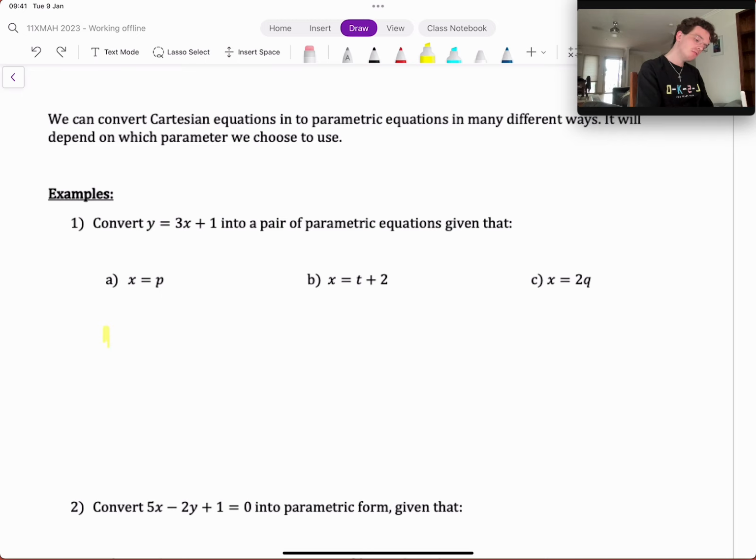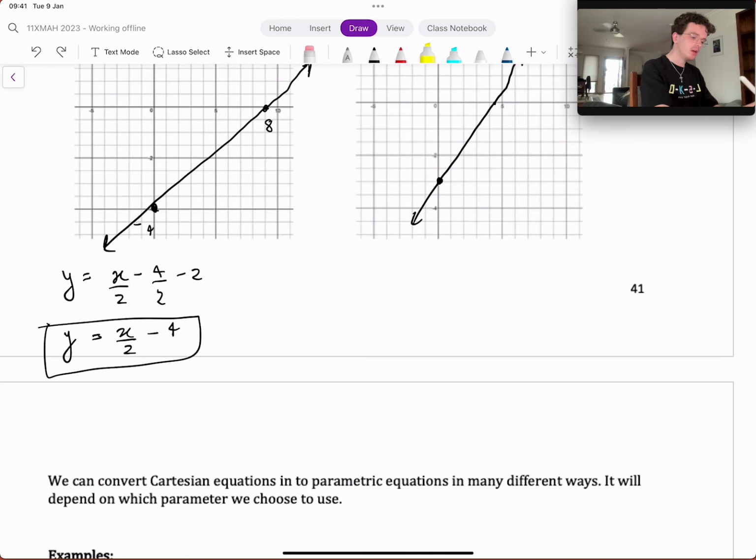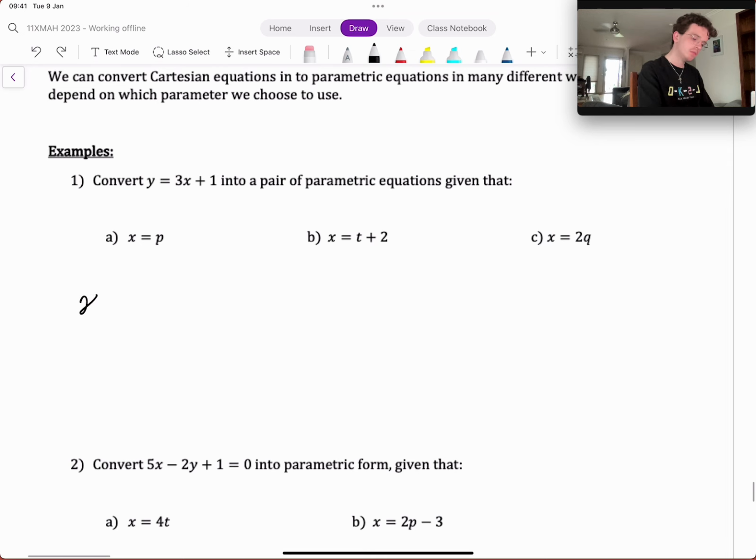So very easy for our x coordinate or our x equation. It's just x equals p for part A. We're told that in the question. Then we need to substitute x equals p into our y. So 3 times p plus 1. Those are my two equations there. Same idea here. My x is t plus 2.